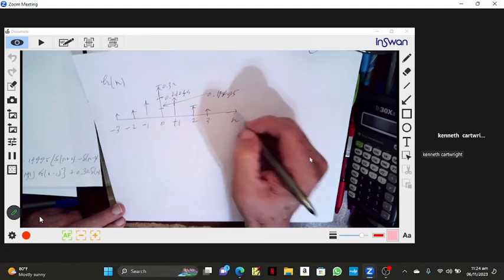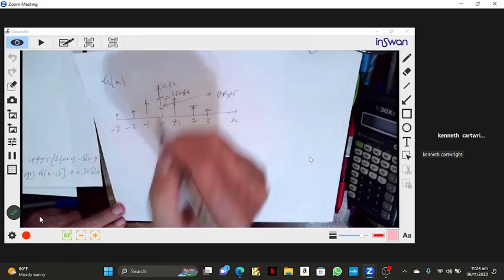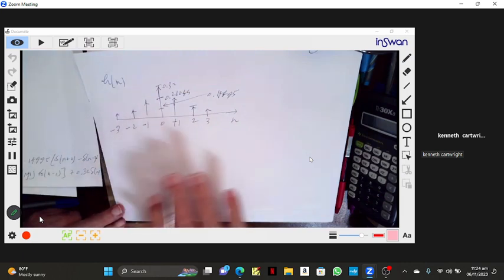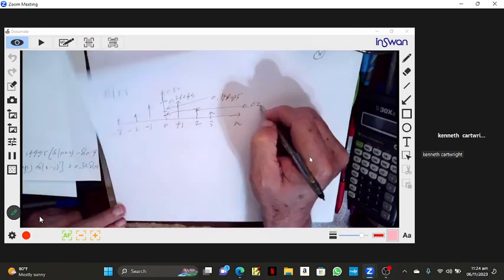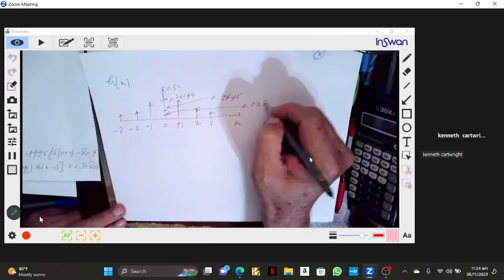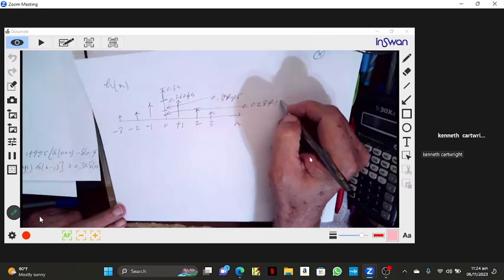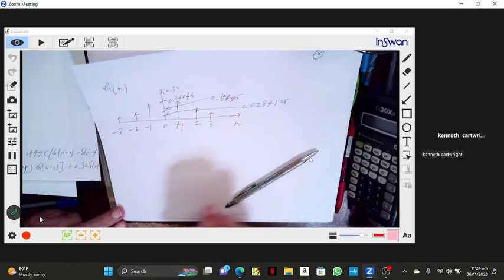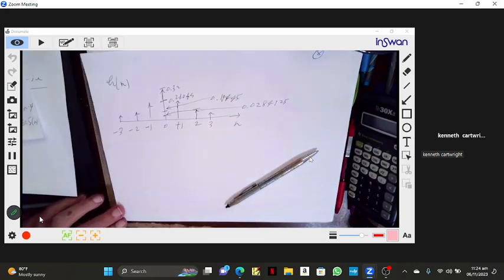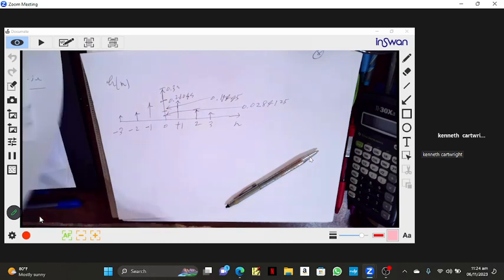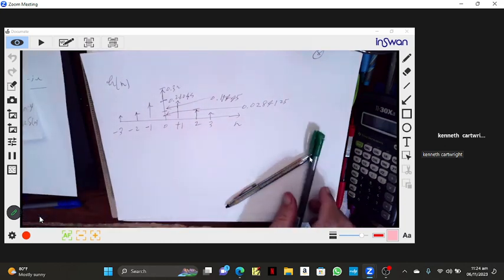The third one is 0.0284125. And there's h of n. Notice the symmetry.